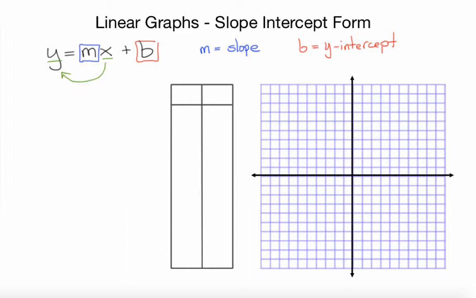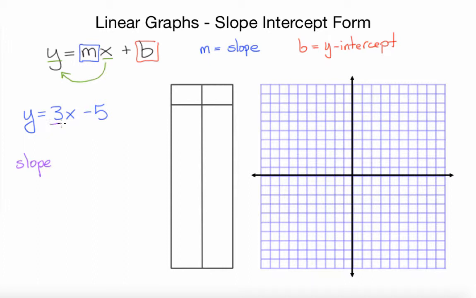So let's do y equals 3x minus 5. Based on the slope-intercept form, the slope of the line has to be the coefficient, or the part multiplying x.